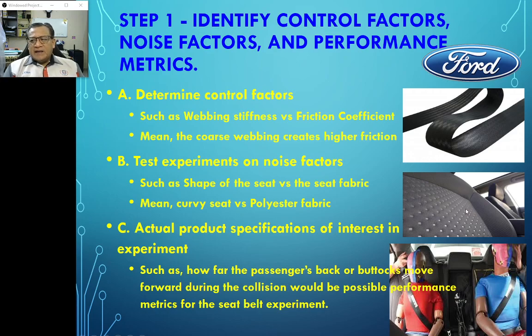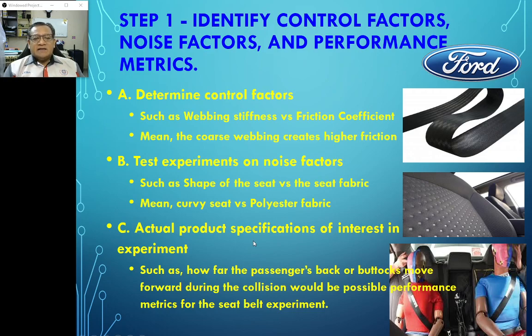Or is it semi-PVC and so on? So the noise factor is tested between the shape of the seat, this back passenger seat, and the fabric. So it means that if the seat is curvy, ergonomic, it is tested against the type of cloth or the type of material that the seat has, right? So it is another noise factor to test against the control factors.